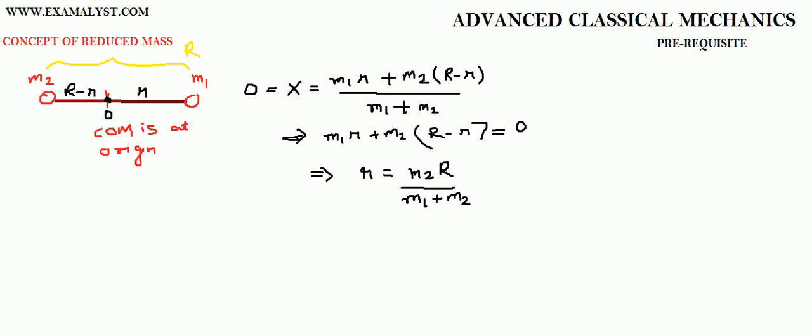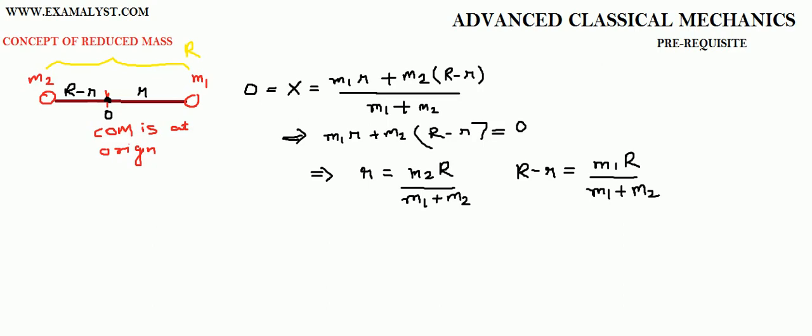Okay, this much is clear. So what will be R minus r? Now R minus r in terms of capital R can be written as m1 R divided by m1 plus m2. Agreed? So this much is clear.